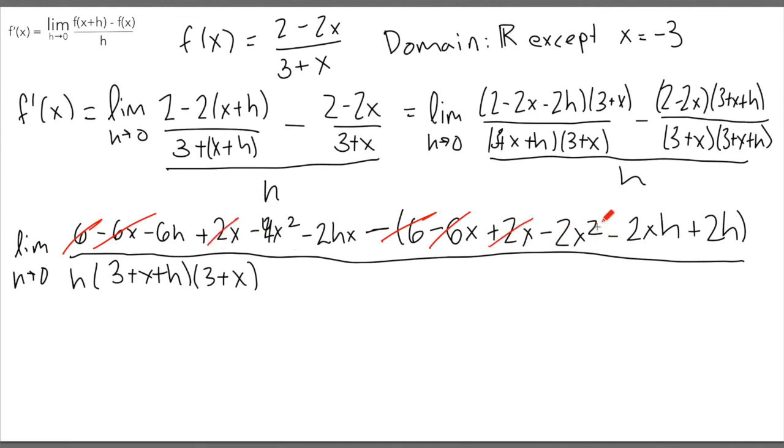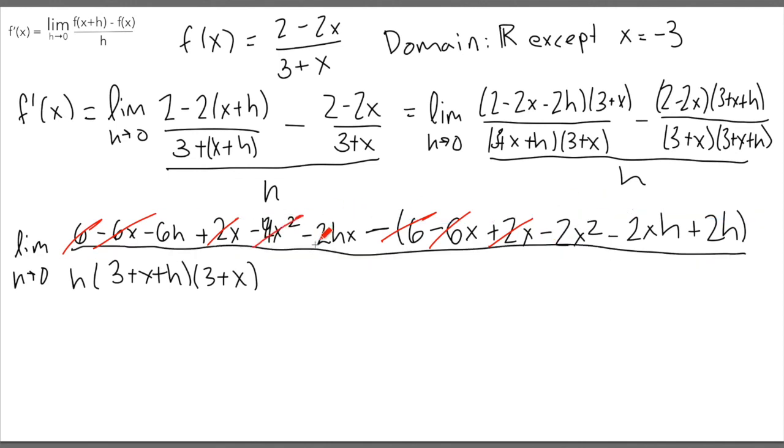This minus 2x, or minus minus, so a positive 2x squared, cancels with this minus 2x squared. This minus 2hx cancels with this minus minus 2hx, so this positive. And all that we're really left with is the minus 8h.